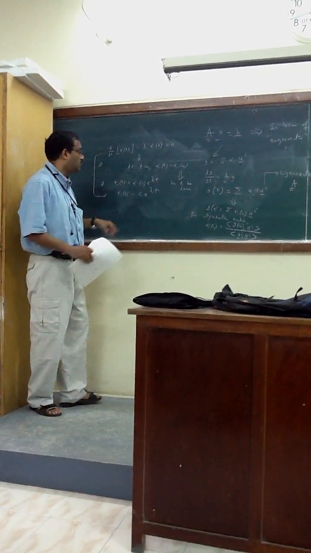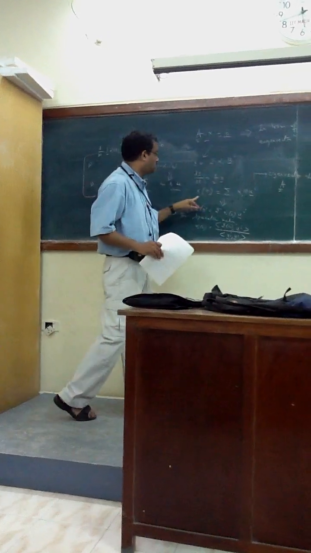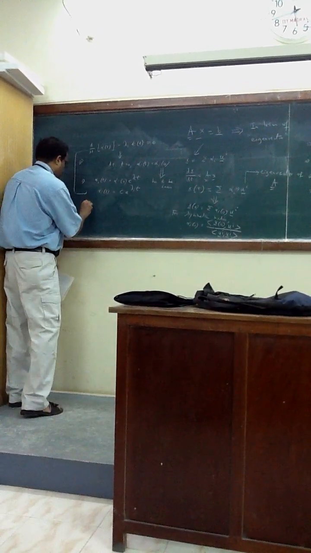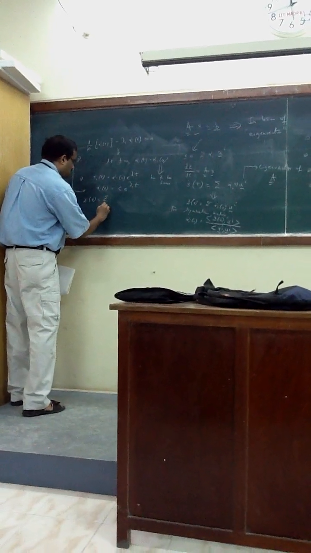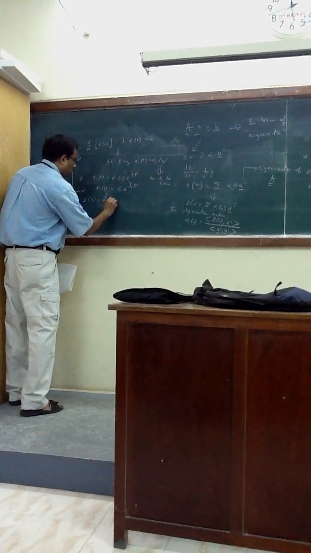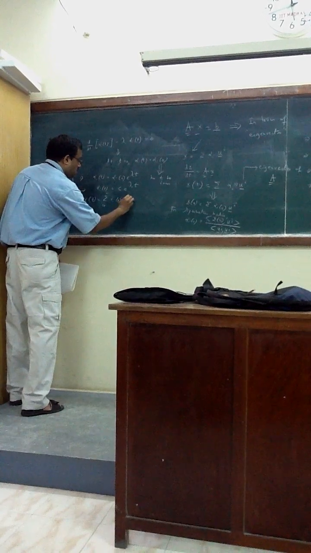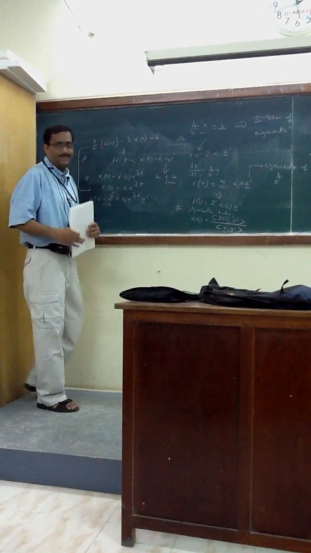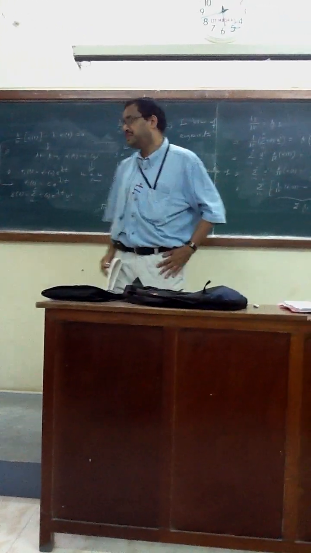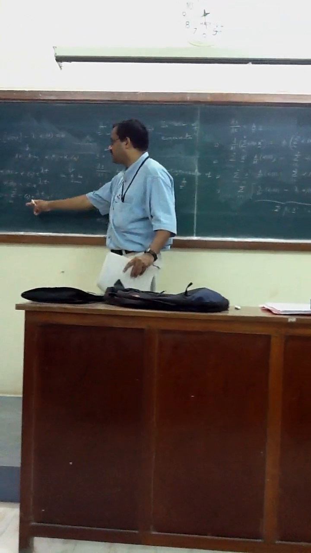So in that case, what do you do? Your x bar t is the summation i equals 1 to n of alpha i 0 e to the power lambda i t u i bar, right? So this is my final solution.